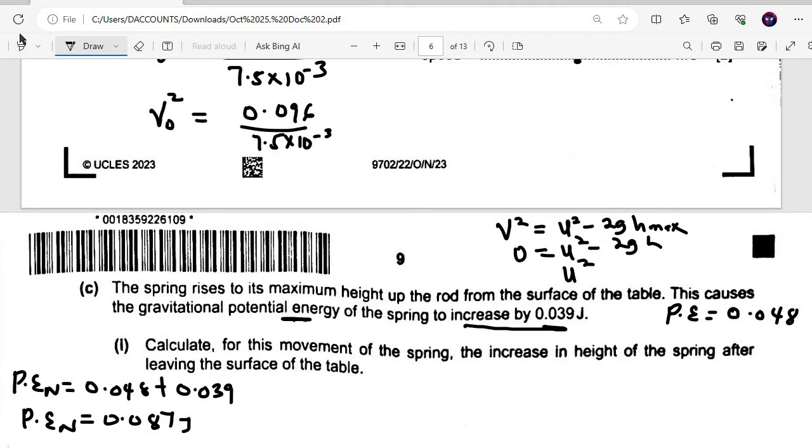So u squared equals 2gh. In this context, that height is u squared over 2g. That's what I'm going to use now.